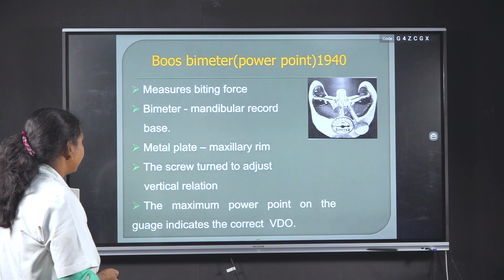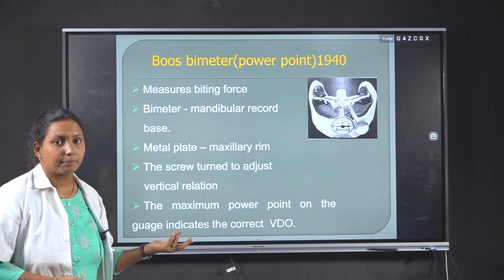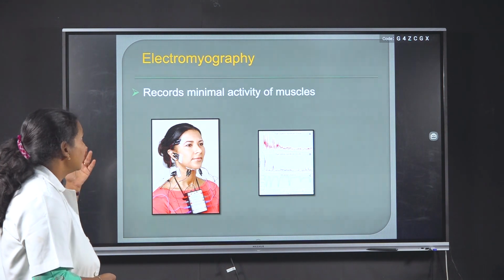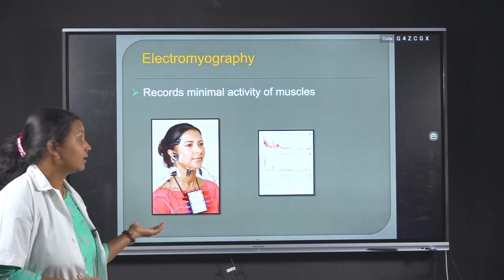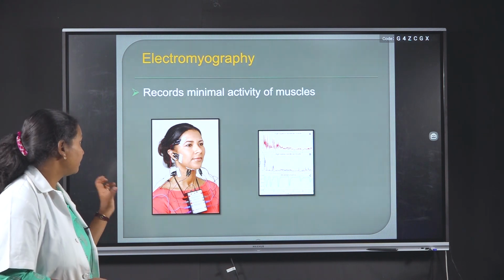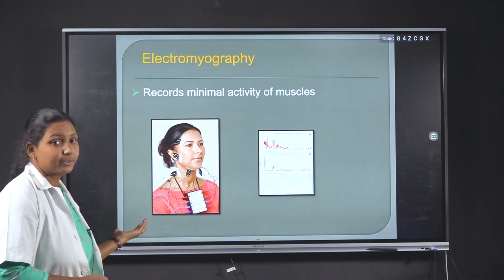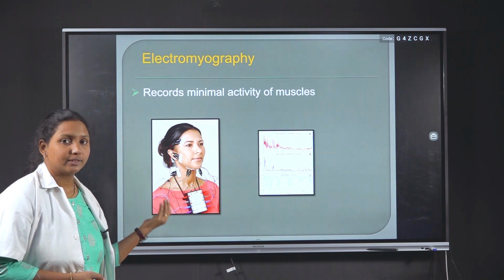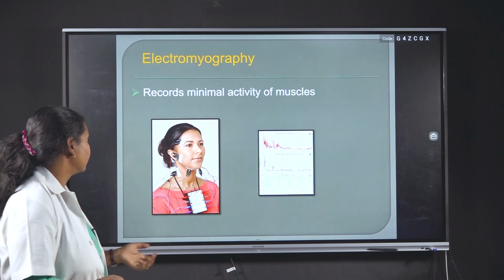Where we get the maximum pressure point, it will indicate the correct vertical dimension at occlusion. These are the latest techniques such as electromyography, which records the activity of the muscles. With the help of this new technology also we will know whether the vertical dimension is correct or not.